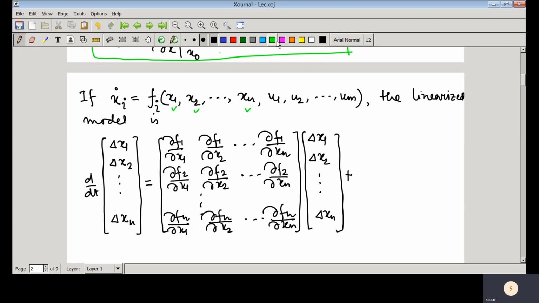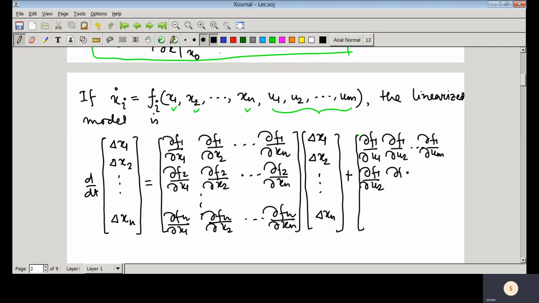Similarly, as you have m number of inputs, you have the B matrix, that is del f1 by del u1, del f1 by del u2, del f1 by del um, then del f2 by del u1, del f2 by del u2, del f2 by del um.